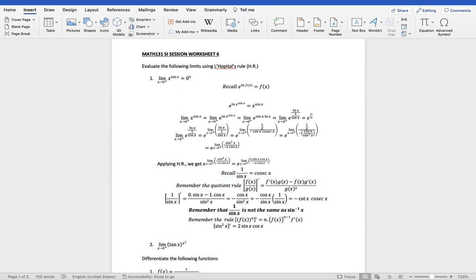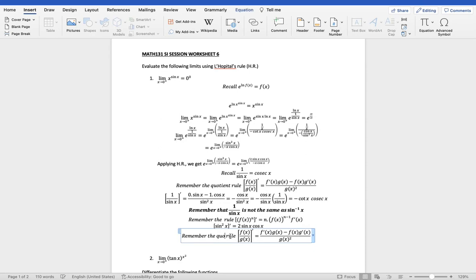I'll give you guys 3 minutes to find the derivative of x minus x cos x and tell me what you find, and then we move along. In the meantime, I'll write the product rule for those who don't remember it.